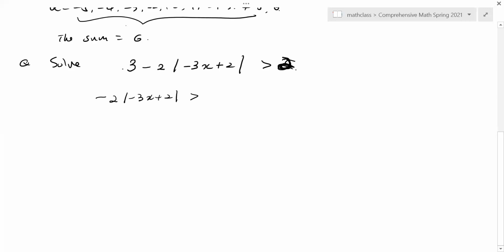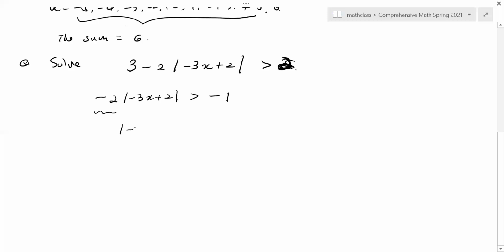So you move 3 to the right-hand side, so 2 minus 3 is negative 1. Then you have to clean this side. Divide both sides by negative 2.